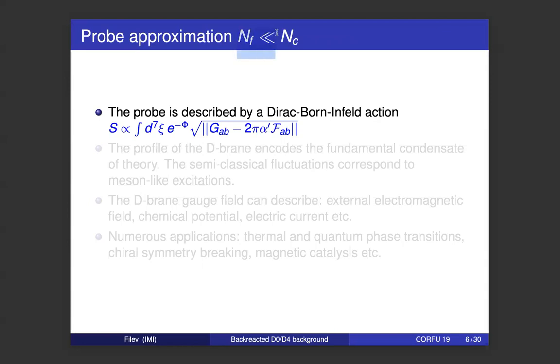We have to be careful. It's not necessarily the quenched approximation, because N_F is much smaller than N_C, but it is pretty much quenched. So in this approximation, only the diagrams that are first order in N_F over N_C survive.